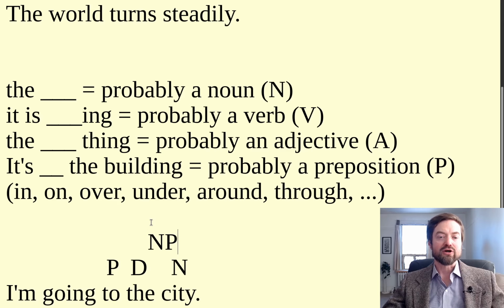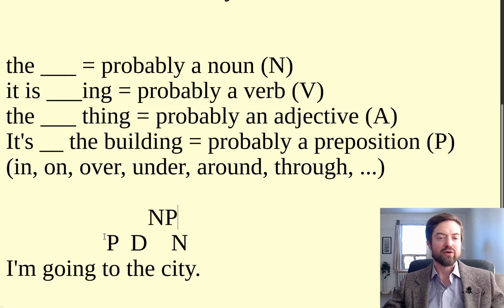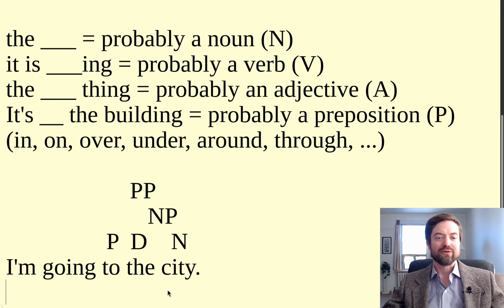Right? So it becomes automatic once you see preposition, determiner, noun. Well, you know that determiner and noun go together as a noun phrase, and then preposition plus noun phrase together make a preposition phrase. Right? So those patterns are going to repeat over and over and over again.